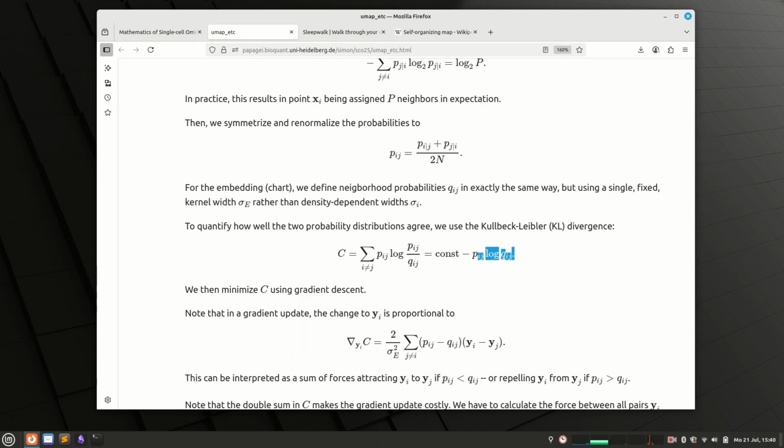If we sum this over all pairs and take the logarithm, then we get the cost function plus some constant, which I've ignored, minus this thing. So I can calculate the derivative of this C with respect to every single xi, xj and yi.